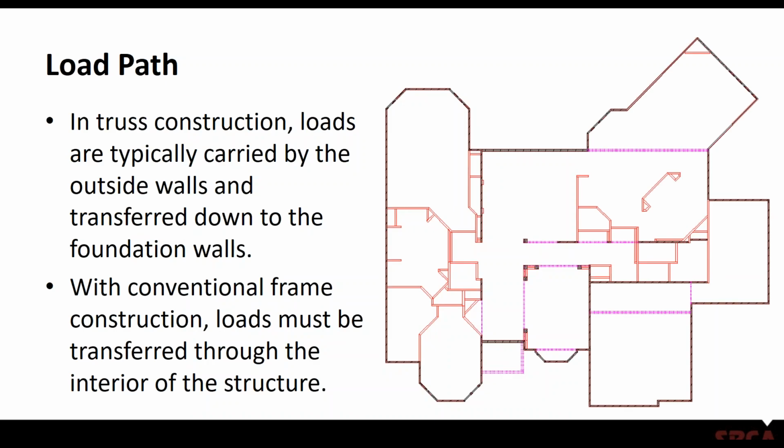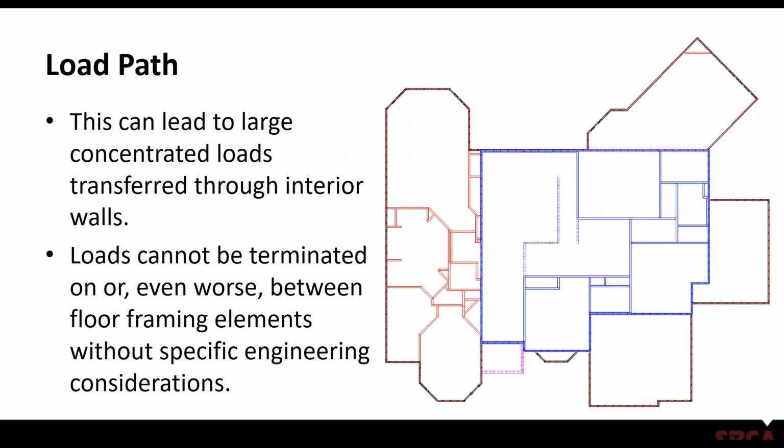Now, in truss construction, loads are typically carried by outside walls and transferred down to the foundation wall. With conventional framing, loads must be transferred through the interior of the structure, because typically you're not going to have rafters that are long enough to span from outside wall to outside wall.